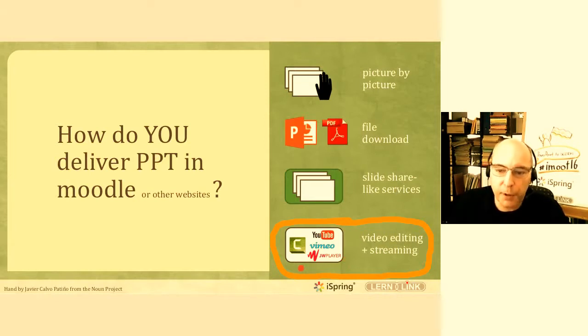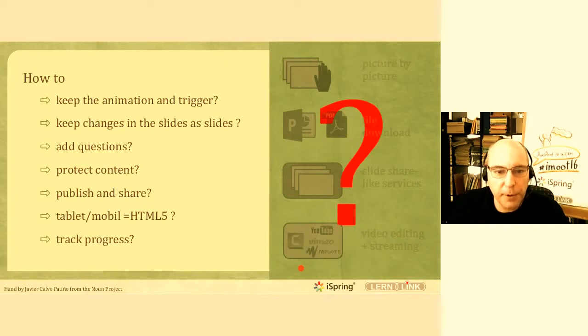Okay, so these are a lot of possibilities to put video and other content into Moodle already, but I have some questions. If you want to keep the animations and the triggers, will this solution help you? I'm not really sure.